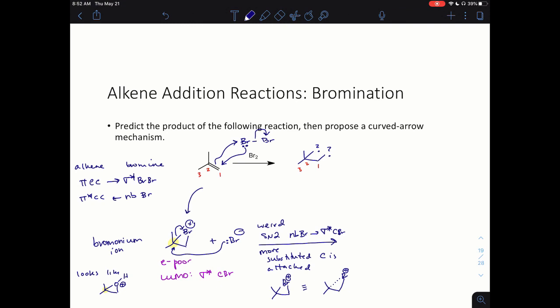So we have really a partial positive on bromine and a partial positive on carbon. And then bromide, I mean, it's anionic, but it's not basic. It's a nice stable molecule. So it floats by, it's attracted to the partial positive on carbon, and it reacts with the more substituted carbon. So that's why I say it's a weird SN2, because the more substituted carbon is attacked.